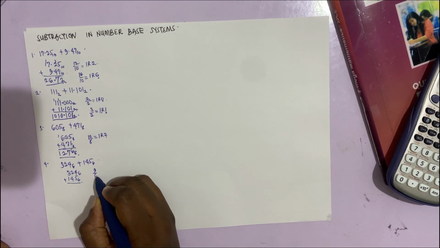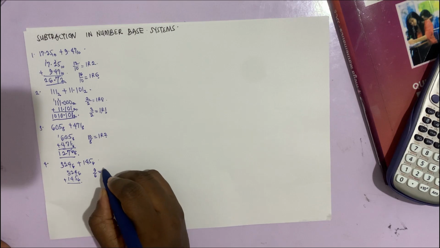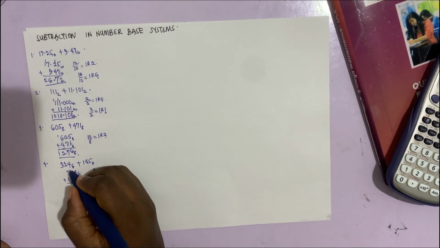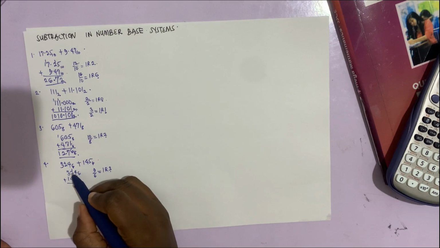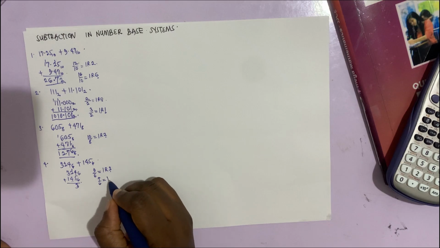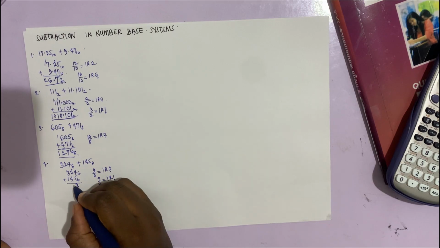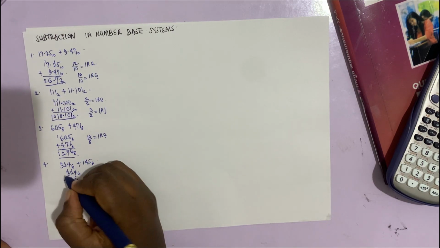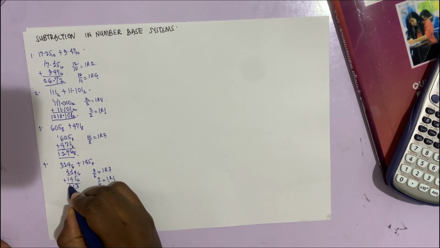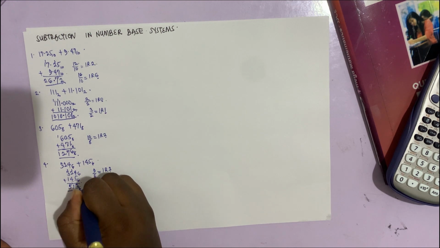So we do 9 divided by the base 6. That will give us 1 remainder 3. So we record this 3, carry over the 1. So 2 plus 1 is 3. 3 plus 4 is 7. 7 is greater than 6. So 7 divided by 6, 1 remainder 1. We write the remainder 1. We carry over this 1. So we have 3 plus 1, 4. 4 plus 1, 5. And that is our final answer for this question.